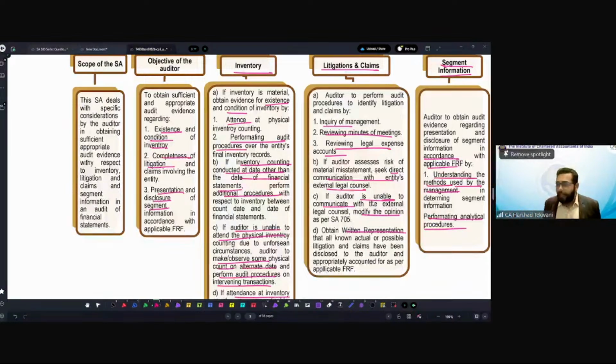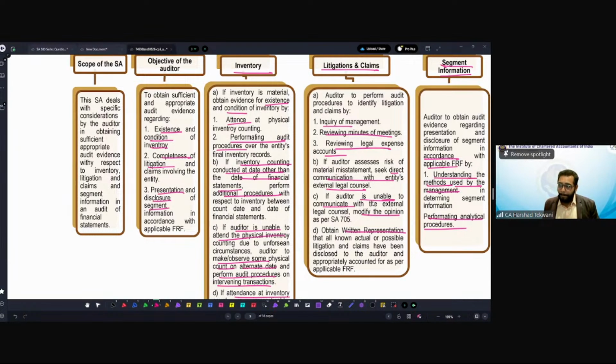I can do an analytical procedure and check on a reasonable basis whether the 40% is allocated to this particular segment or not, or whether it is on similar lines or not. For example, last year it was 30%. Current year, based on the increase in sales and the increase in contribution by the segment, we have 40%. So something like that, performing analytical procedures to verify the numbers which are given under the segment disclosures.